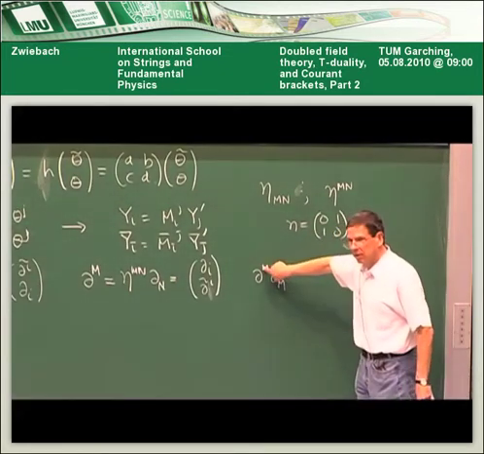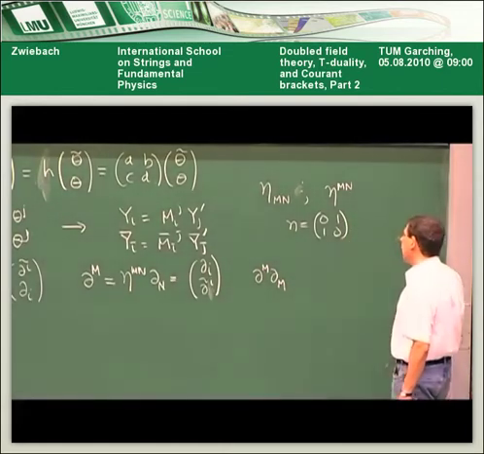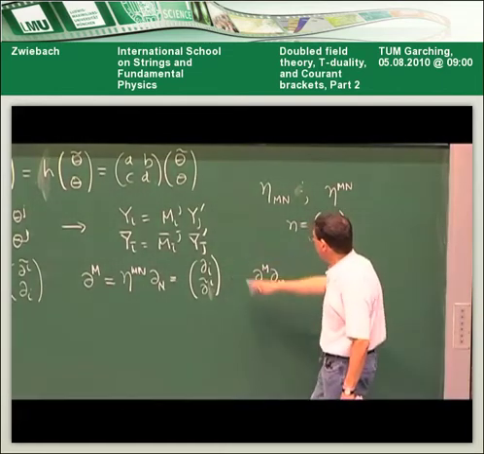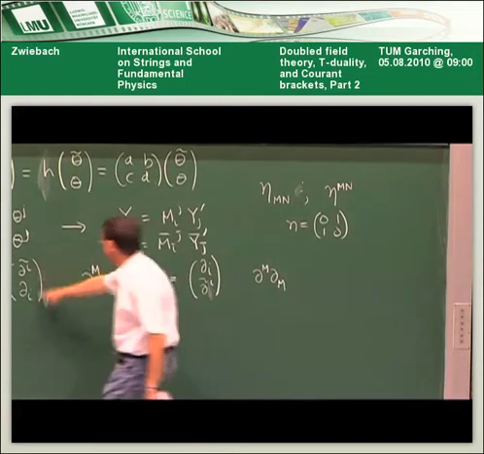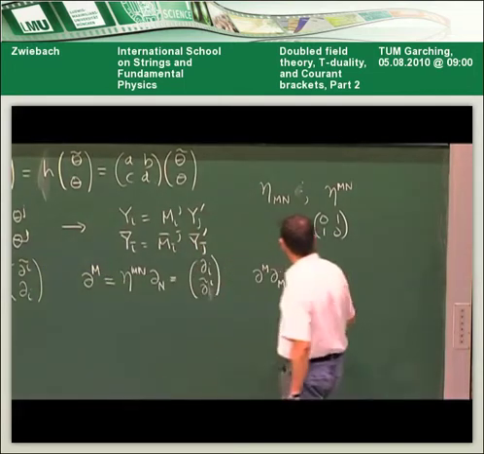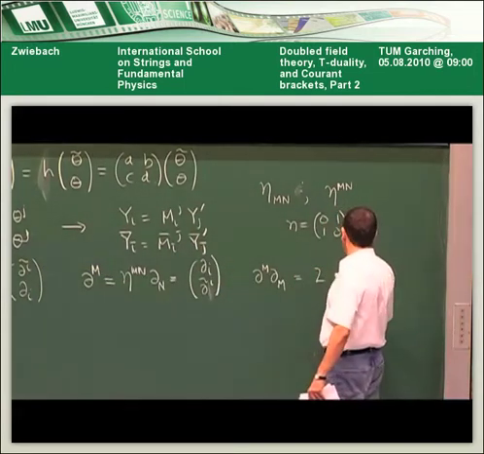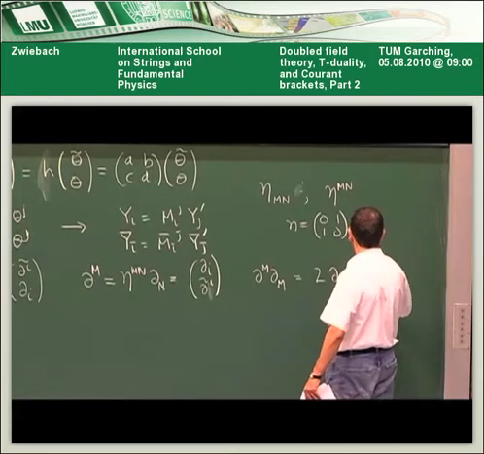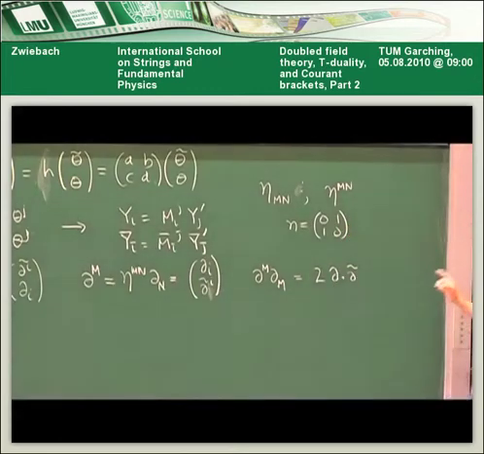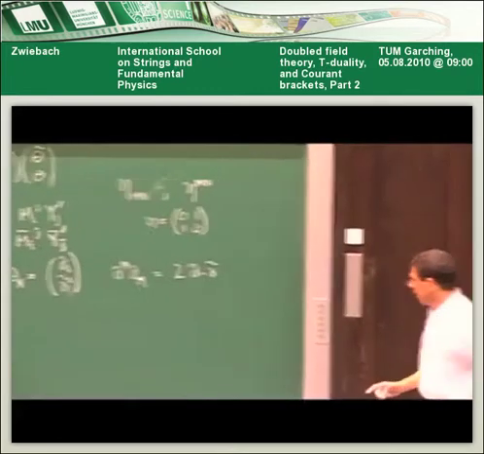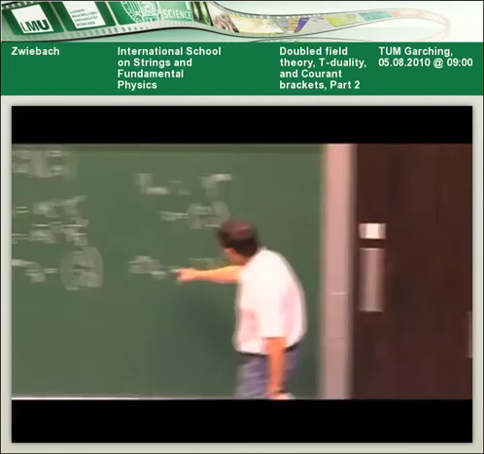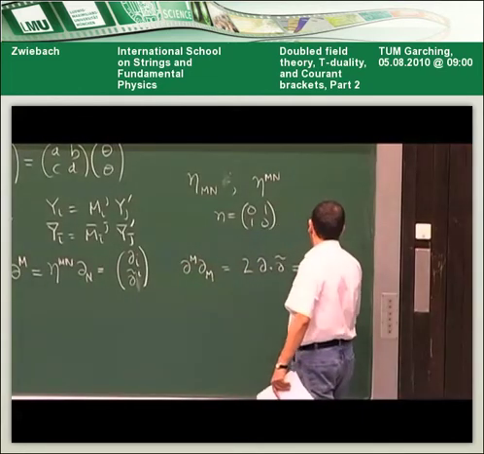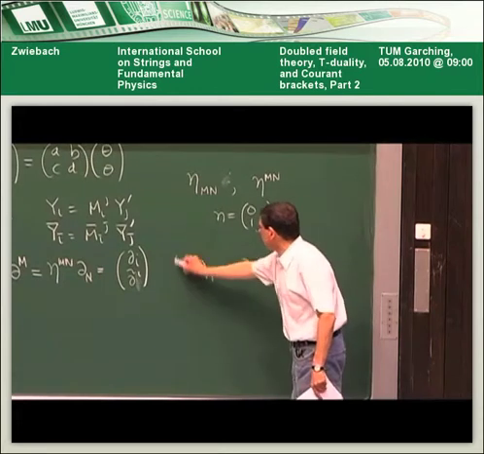The indices are contracted this way. And we can calculate it. Well, you put this d^M and that, and when you multiply them, you get twice d tilde d. So our constraint is also, in ODD covariant language, this thing equal to 0 is the constraint.